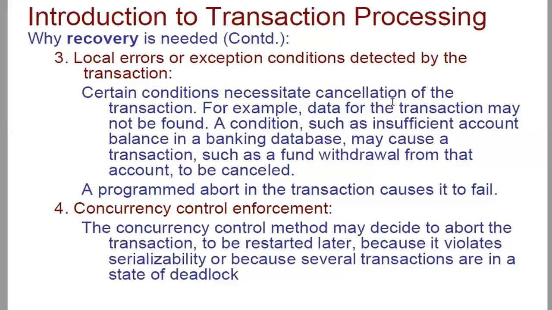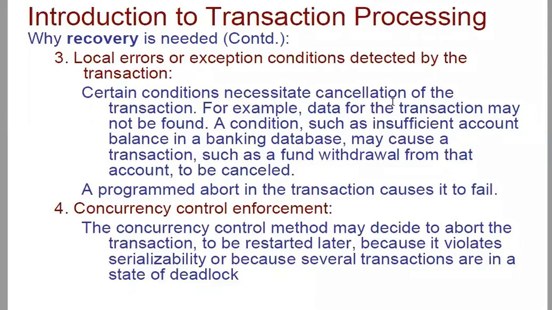And the fourth one is concurrency control enforcement. So here in concurrency control, you are forcing a particular transaction to abort or cancel, right? The concurrency control method may decide to abort the transaction to be restarted later because it violates serializability or because several transactions are in a state of deadlock.